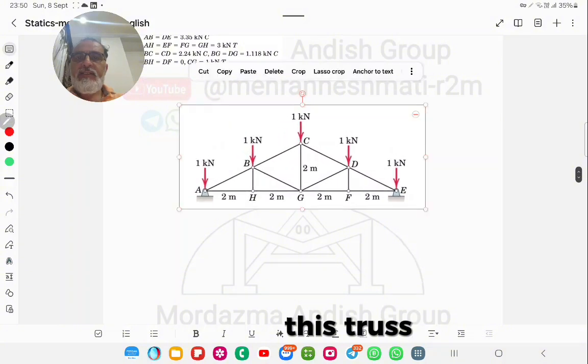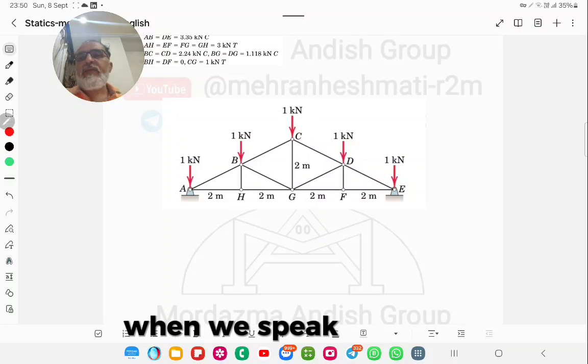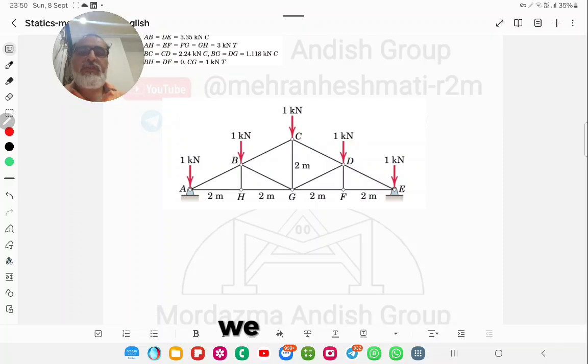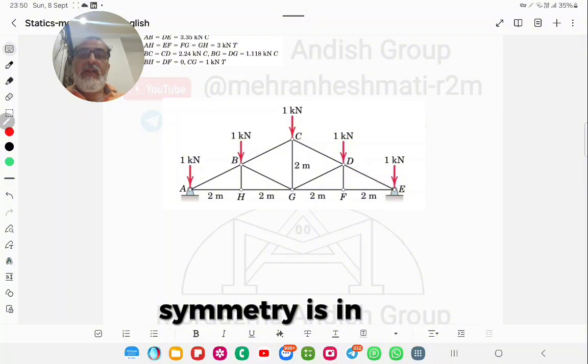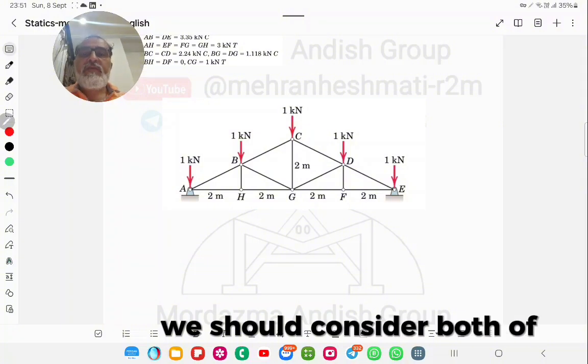this truss is symmetric. When we speak about symmetry, we should say that symmetry is in load or in dimension, and whenever we speak about symmetry, we should consider both of these kinds.